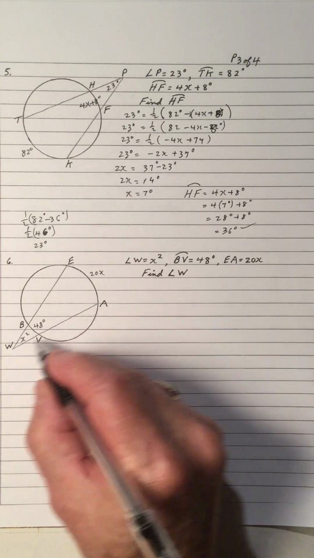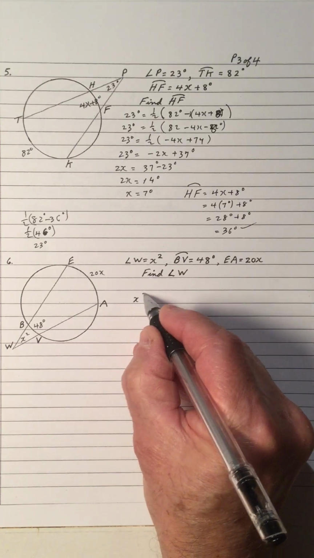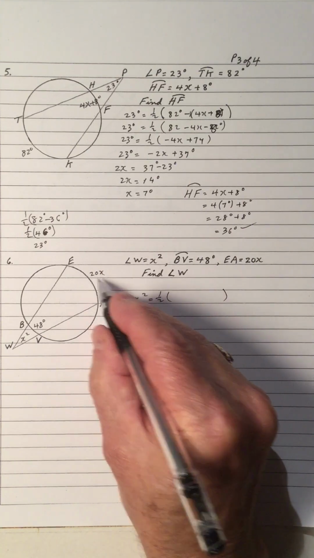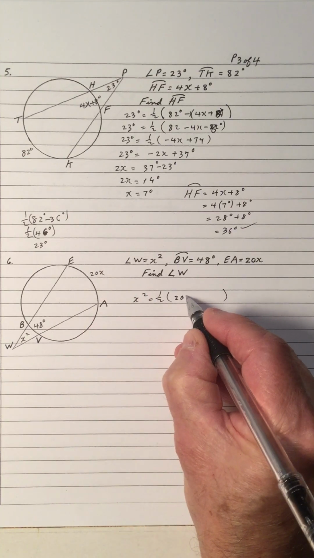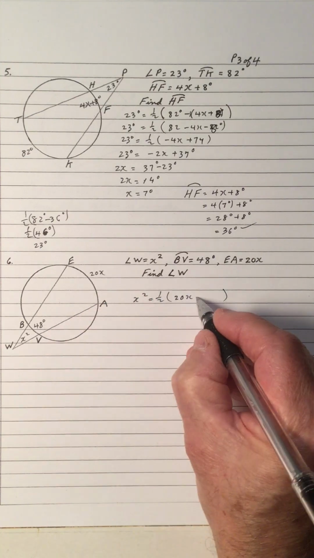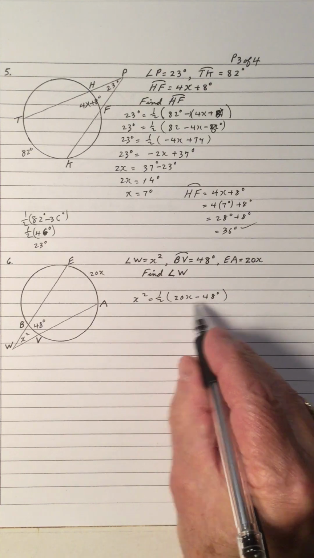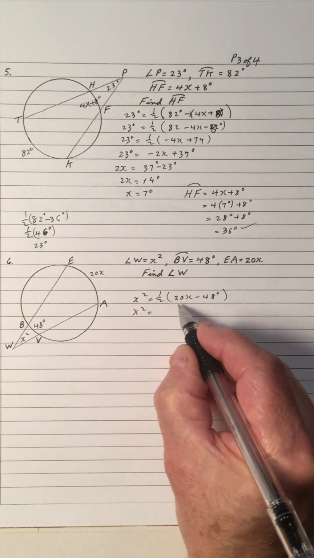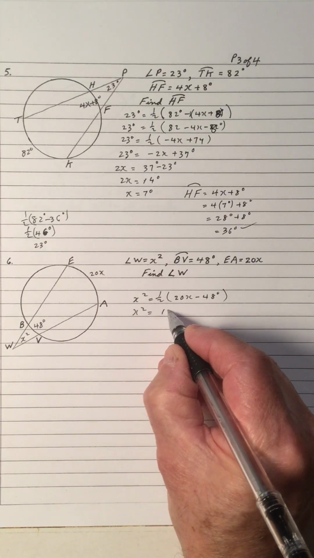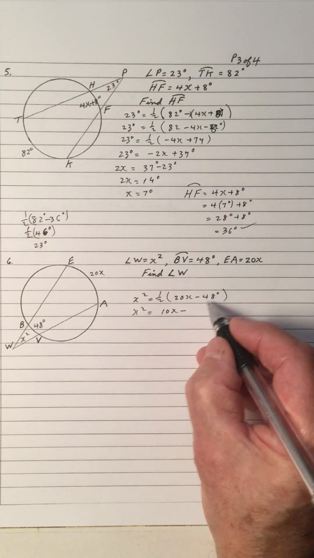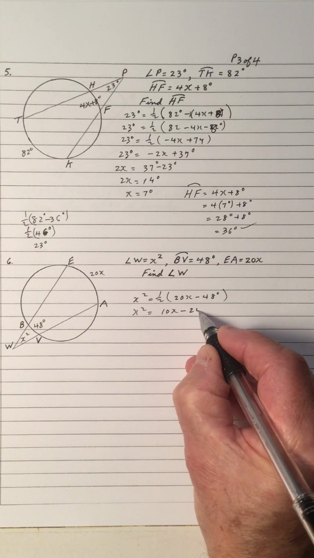So the angle x squared is a half of the difference of the large one, which is 20x, minus the small arc, which is 48. And again, these are even, so x squared, easier, half of 20x is 10x. Half of 48 is 24.